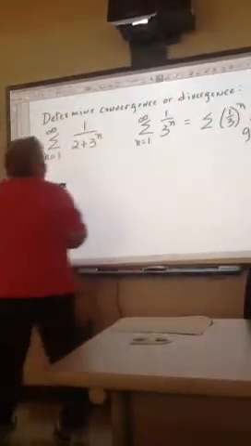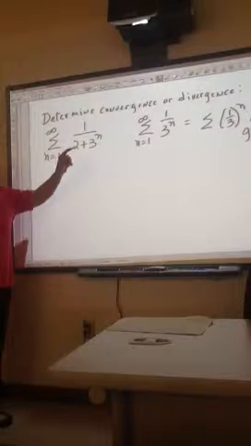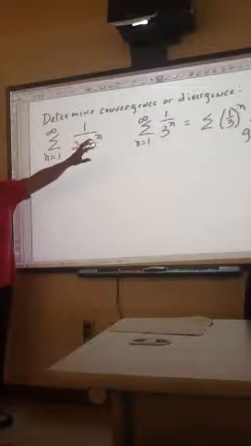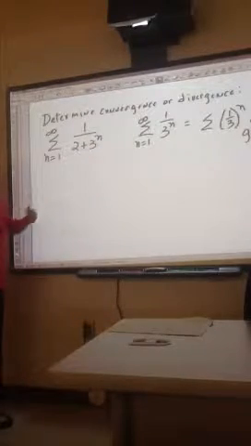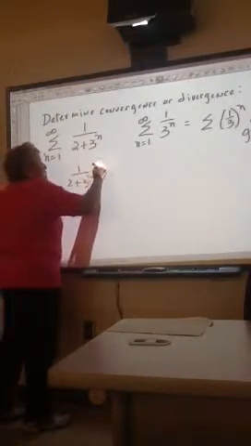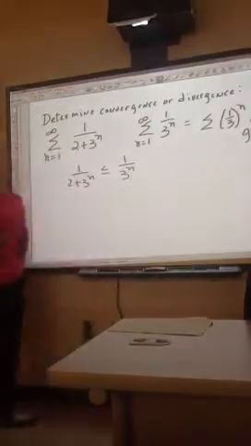This thing is a convergent geometric series because the r value is 1/3. So now, since that one converges, what I'm hoping is that this will be less than or equal to this.